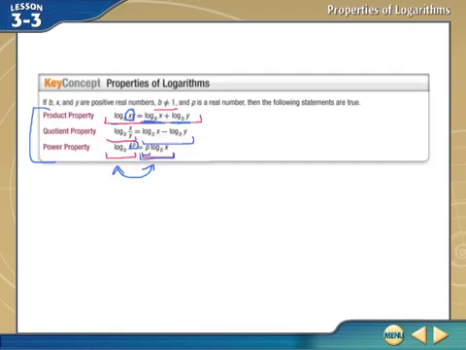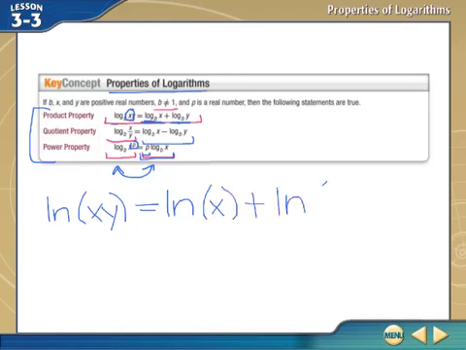One thing I should mention that they don't mention here in this slide is that these properties of logarithms are also true for natural logarithms. So if I saw natural log of xy, that's the same as saying natural log of x plus natural log of y.